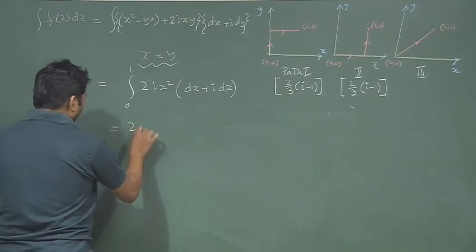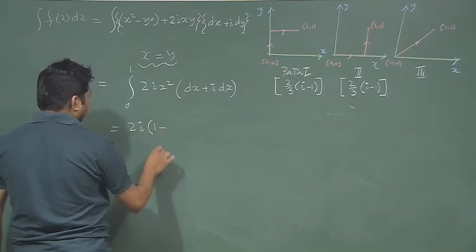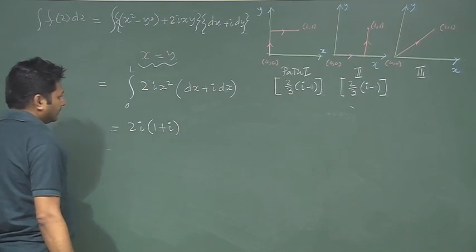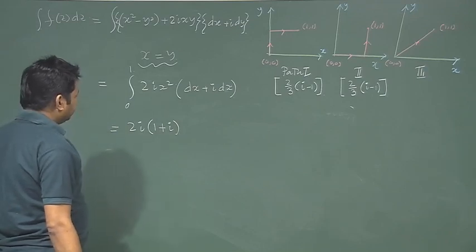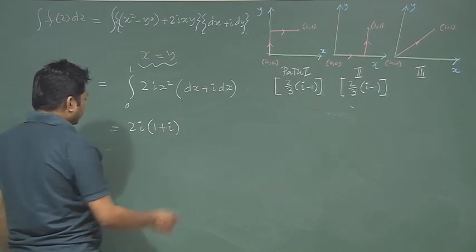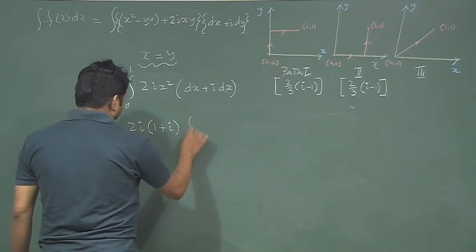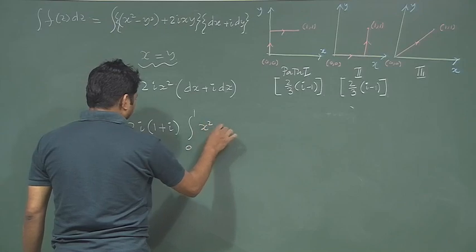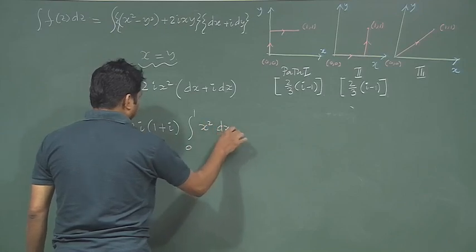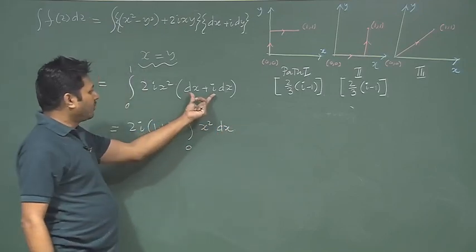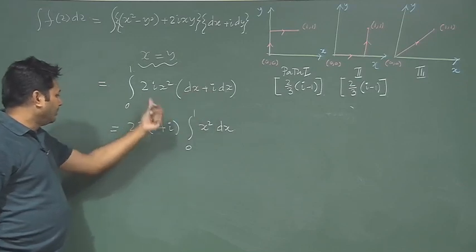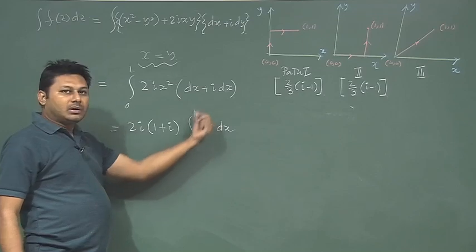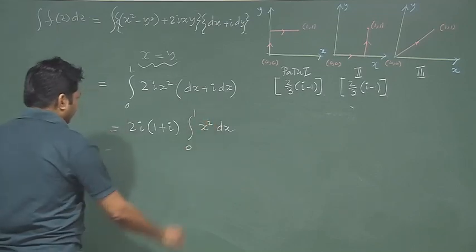Now, it is 2i multiplied by 1 plus i, and then I integrate 0 to 1 of x square dx. If I take dx common, then it will be 1 plus i. So, 1 plus i and 2i I will take outside. The integration is over x square from 0 to 1.